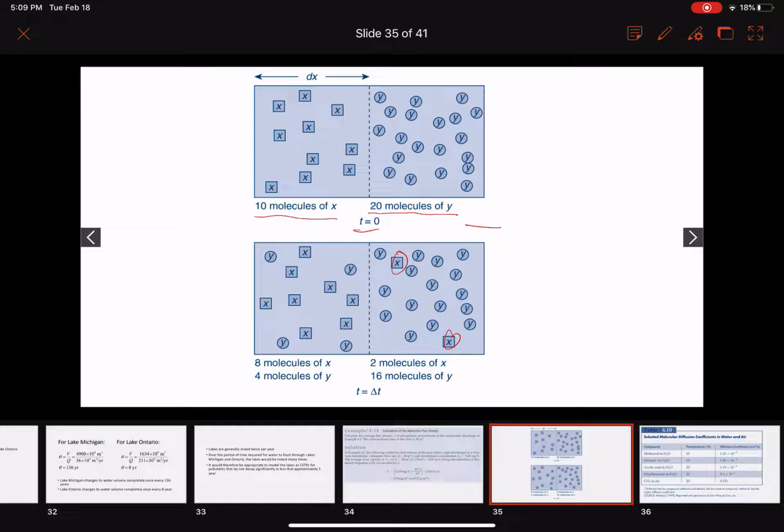While here, 4 molecules of Y, the total, of course, is going to be 20. While here, 10 molecules of X remained from 10 molecules of X. So the diffusion and the movement between one compartment to another is what is determined by this equation.